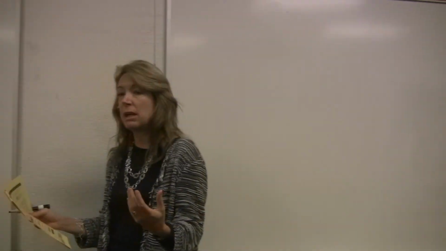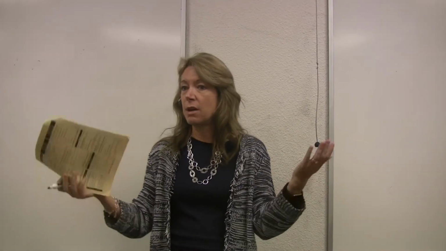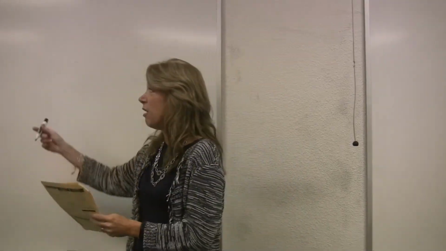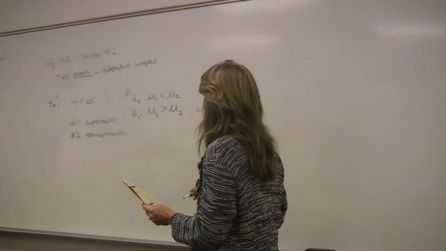Dependent samples might be like husband and wife pairs. Here's a husband and here's his wife. There's men in this group and women in this group, but they're related in some way, so those wouldn't be independent of each other. But in this case, they just grabbed one group, grabbed a different group, and they're not related anyway. That's what we're talking about for all of this section. We'll talk about how they're dependent next time.